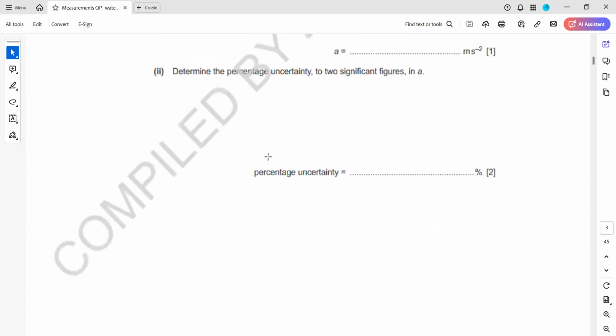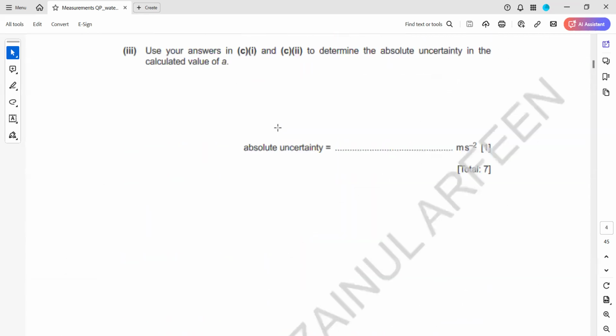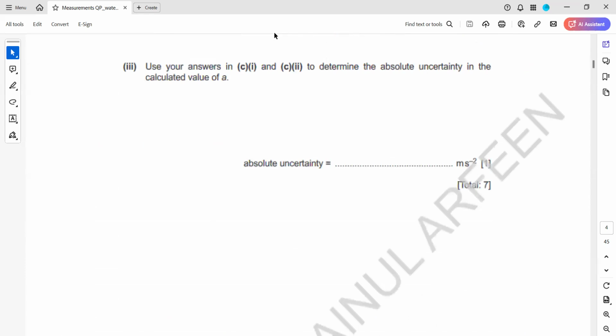Then what is the absolute uncertainty? How do we work out the absolute uncertainty? We calculated the value of a, it was 0.97, with an uncertainty of 2.1%. If we need the absolute uncertainty, the percentage uncertainty is the absolute uncertainty divided by the value recorded, times 100.